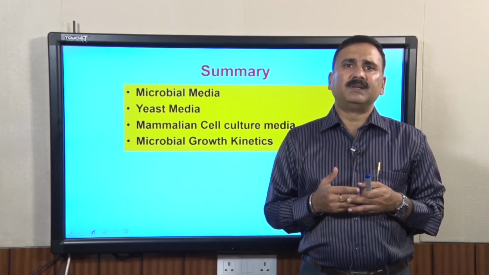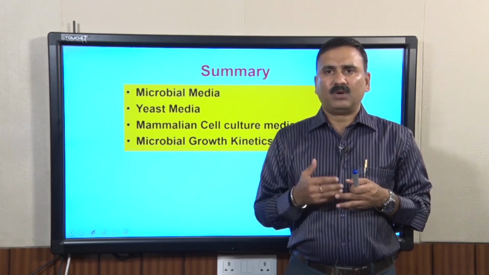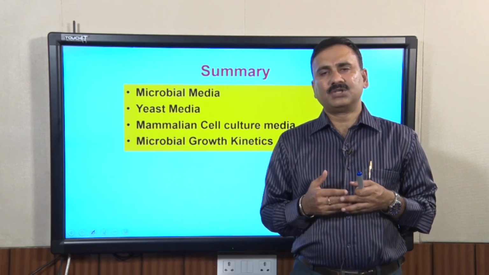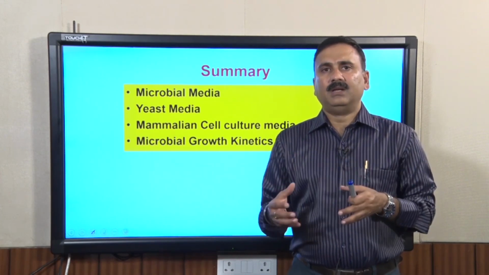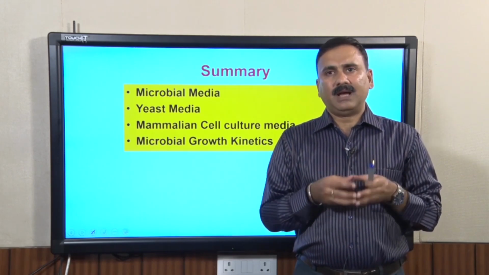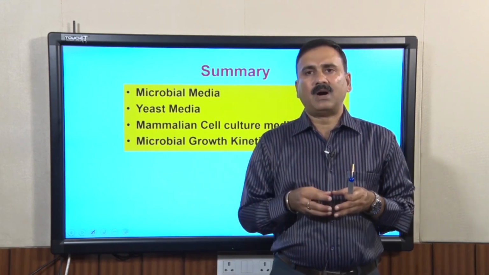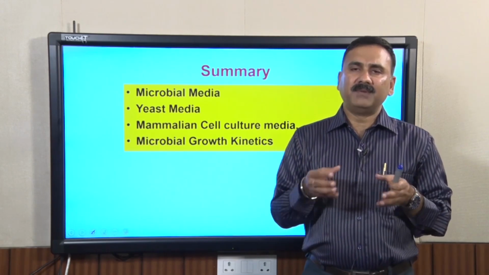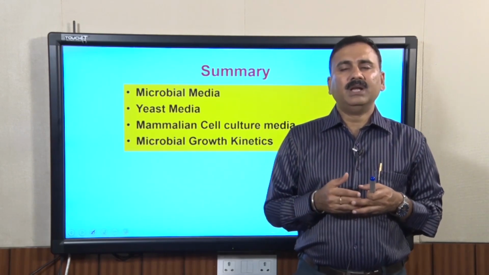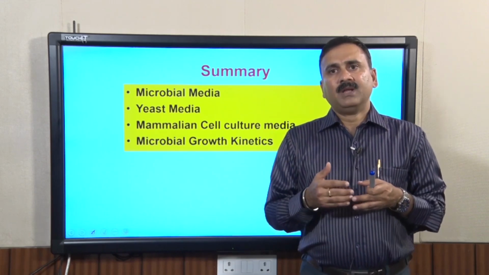Subsequently, we also discussed a couple of salient biochemical reactions happening in the prokaryotic as well as the eukaryotic system: glycolysis, the Krebs cycle, and then at the end the anaerobic oxidations.